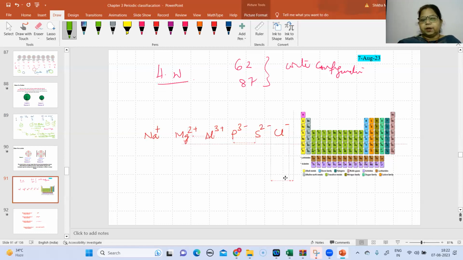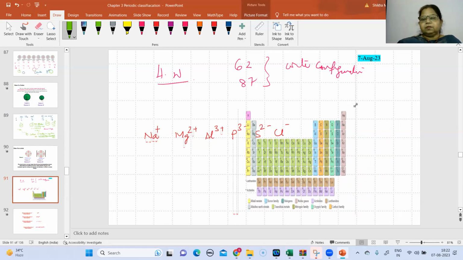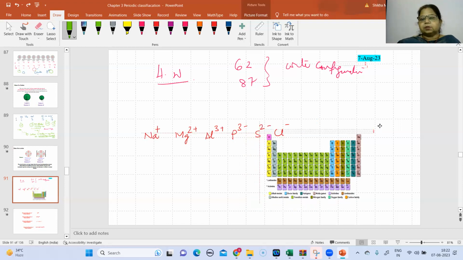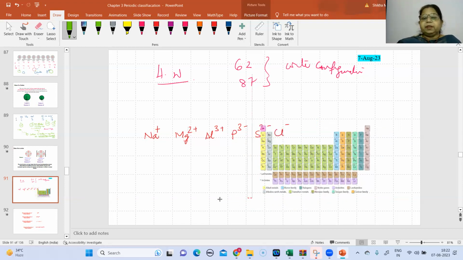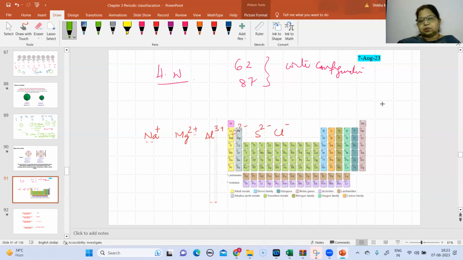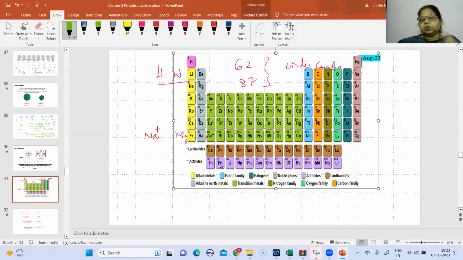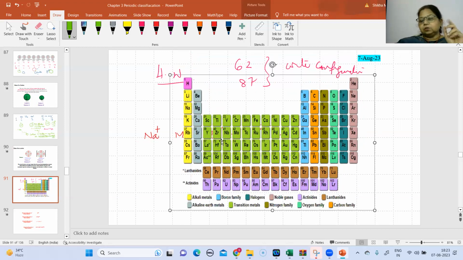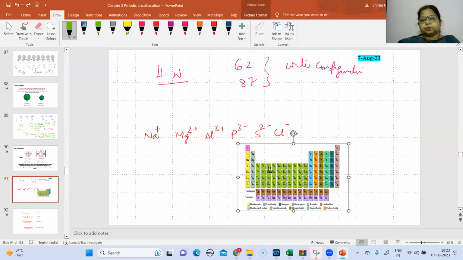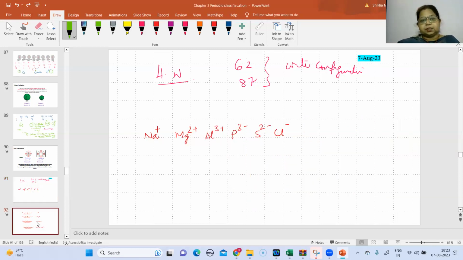First of all, answering this part, where do we find elements with atomic number 62 and 87? Believe me, 87, it's just a simple observation. Many a time teachers ask for atomic number 87, which is francium. So I think that day we discussed it also. So if you have not noted down, please note it out. And atomic number 62 is samarium. So you can write it down and find their positions. Else, it's up to you. You need to do a lot of practice into it. That's what I can say.